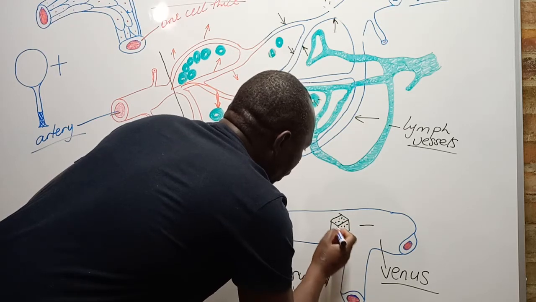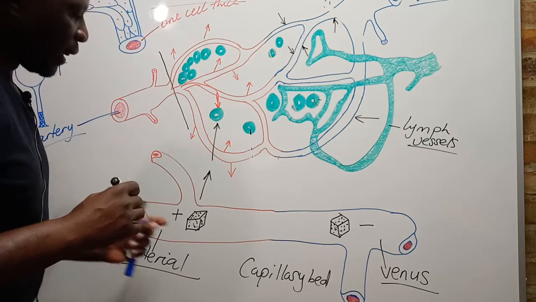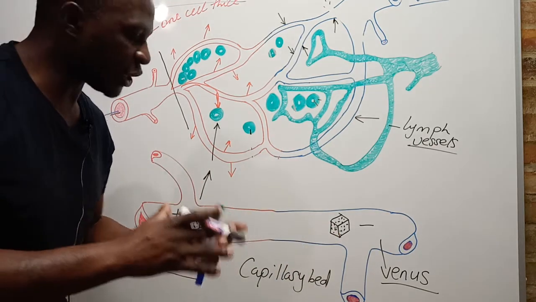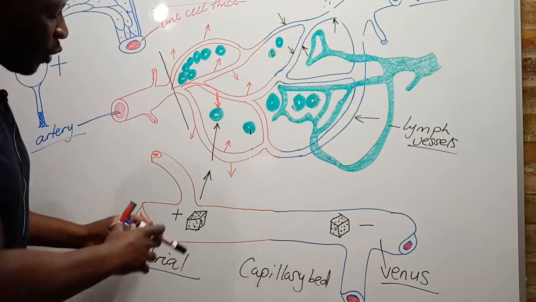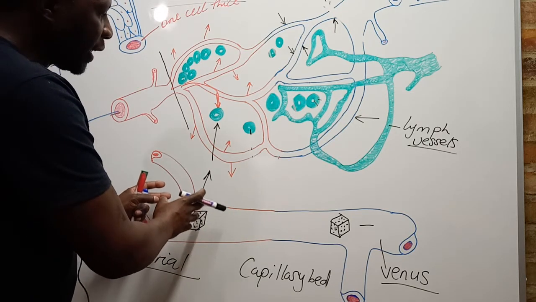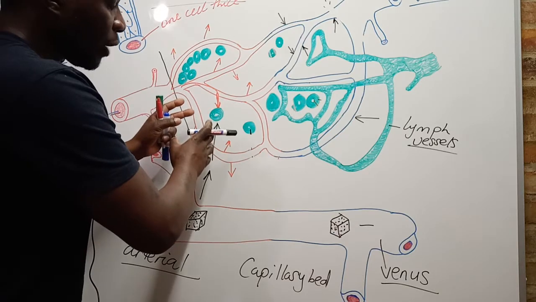Okay, what it means is this cube this side is much drier. It's much thirsty. It wants to drink more because there has been a very, very huge loss of fluid this side, right? Which has entered the body cells.